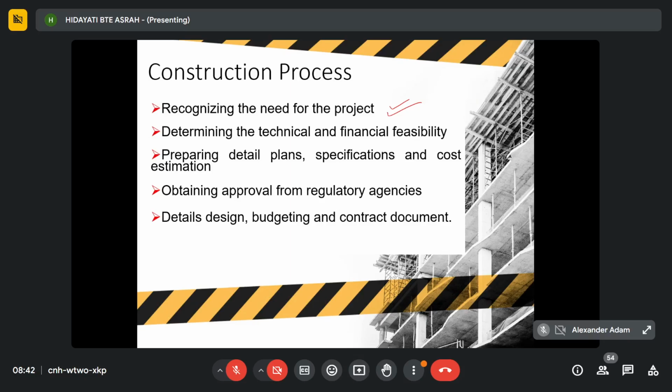Okay, and then contract document here is referring to the written document that defines the basis of the contract, including the parties' roles, what are the parties' responsibilities, and what are the detailed descriptions of work or services. So this one, for example, like drawing, specification, procedure, and so on.